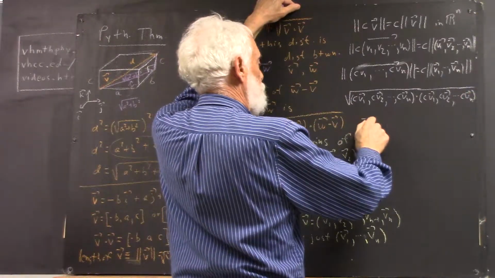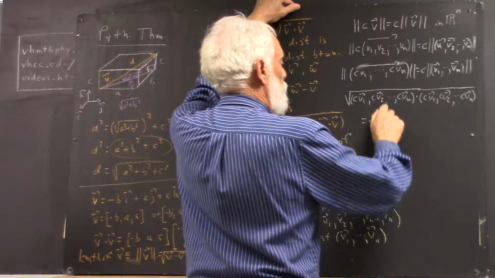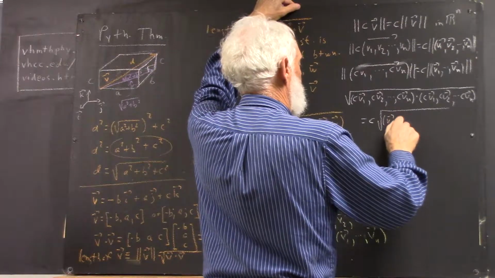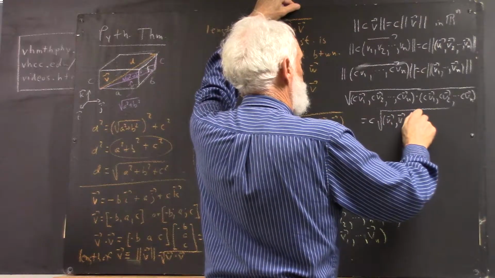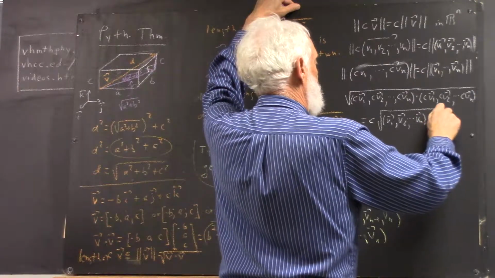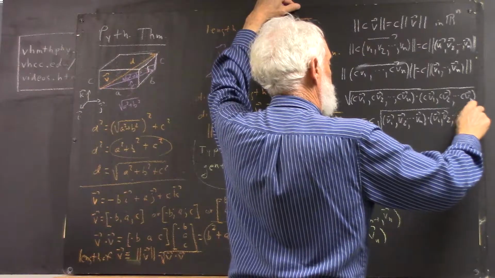And that's equal to c times the square root of this, which is V1, V2 through Vn, dot V1, V2, dot Vn.